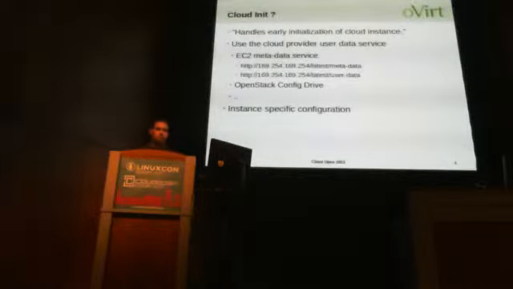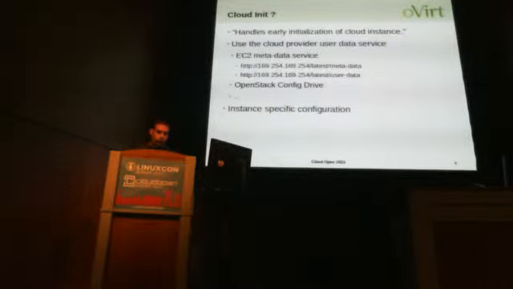For example, the EC2 metadata service, you can see the links here. If you have an instance running in Amazon EC2, you can get this URL from within the instance and see some metadata about the instance, its instance ID and some more information. The other one, the user data, is a way to pass user custom information into the instance.